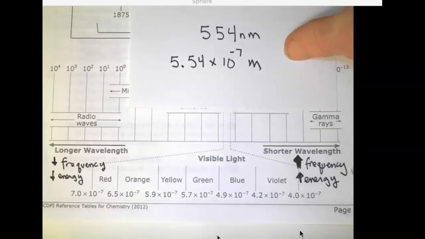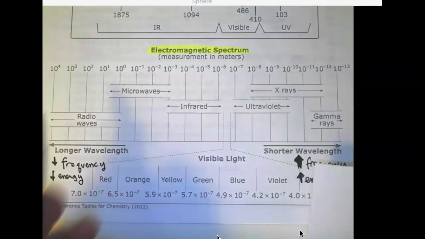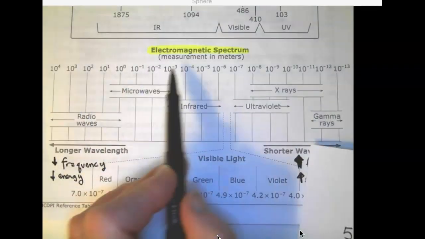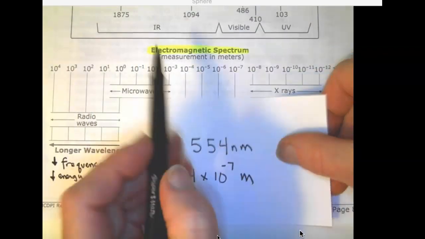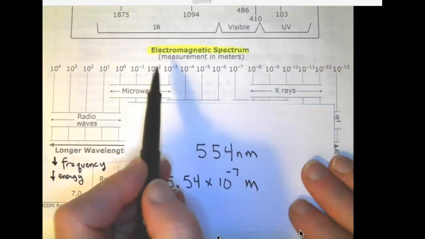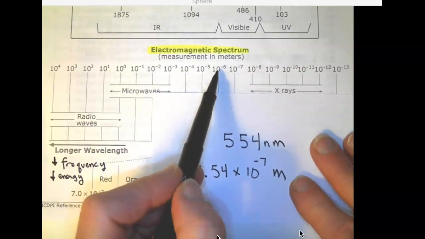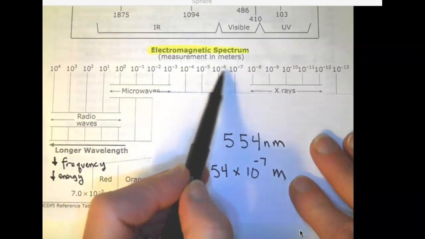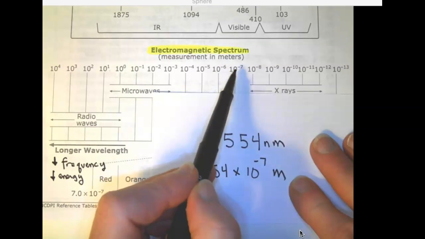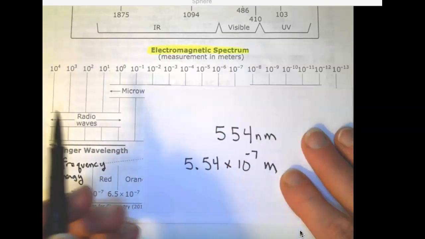So how we find it is we come here on the electromagnetic spectrum, and it's 10 to the negative 7. So we know that's going to be a little smaller than 1 times 10 to the negative 6, and a little smaller than 1 times 10 to the negative 7.